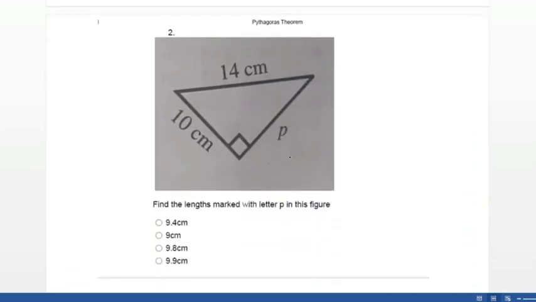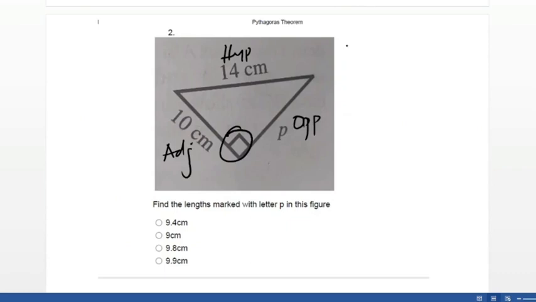For number 2, you can see that the triangle is not well placed. It can be anyhow, but the most important thing for you is to identify the sides. So identifying the sides here, this will become the hypotenuse because it's facing the 90 degree angle. So this could be the opposite, and this could be the adjacent.